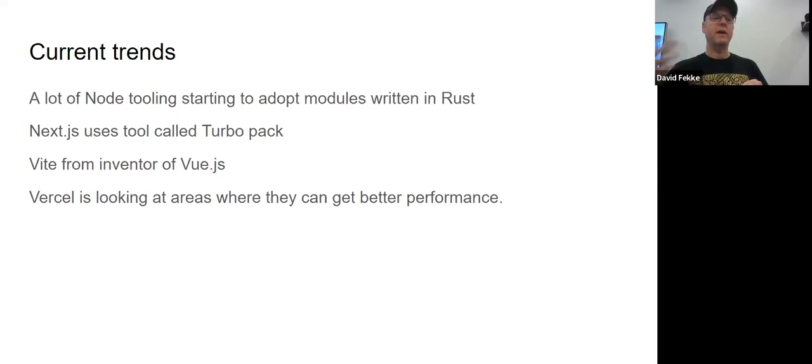There's also this tool Vite from Vue that's from the same guy that invented Vue.js. And Vercel's a cloud hosting company. They're looking at all kinds of ways where they can speed things up and get better performance. And so the way that they're doing that is taking pre-existing JavaScript-only modules, and they're rewriting them to run natively. And in most cases, they're using Rust to do that.